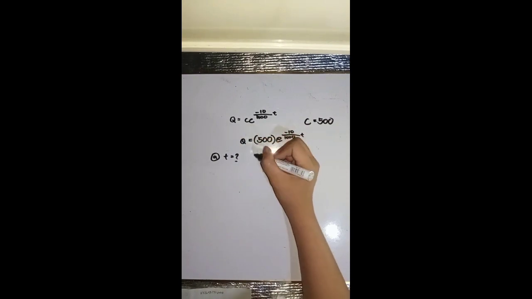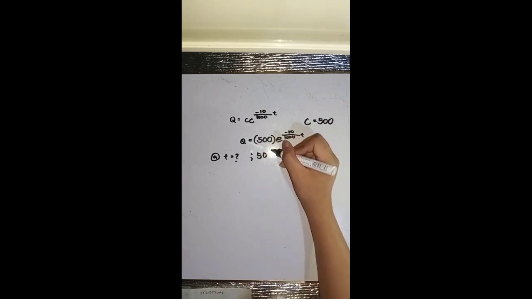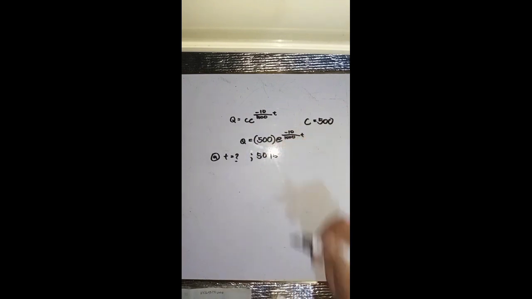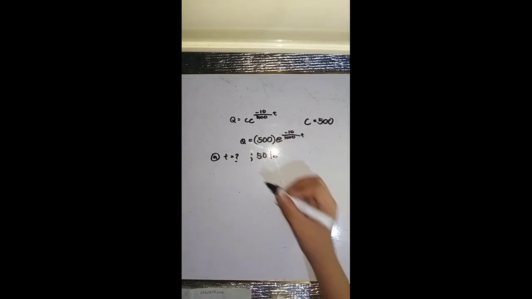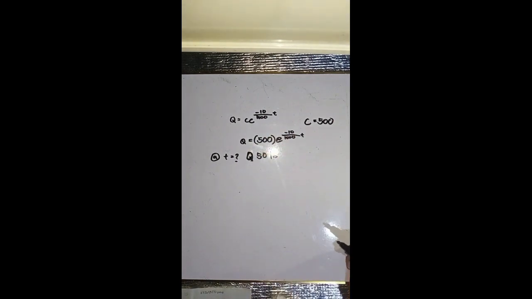So at unknown time, Q is equal to 50 pounds.